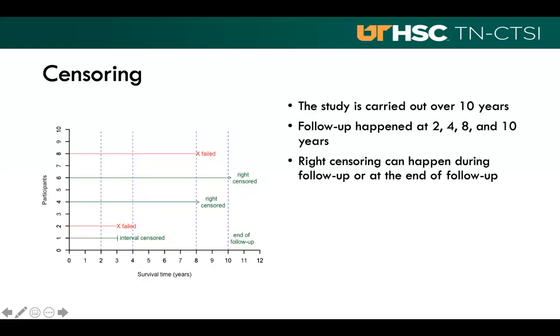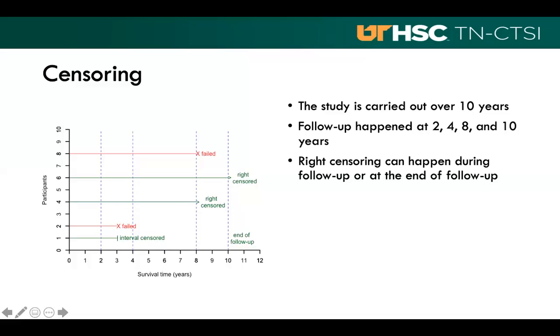For the first participant, the participant left the study at time point 8, and at this moment when the follow-up was conducted, the participant left the study without developing the condition. The participant might also have died, might have lost contact and the likes. For the sixth participant, the participant left the study without developing the condition.